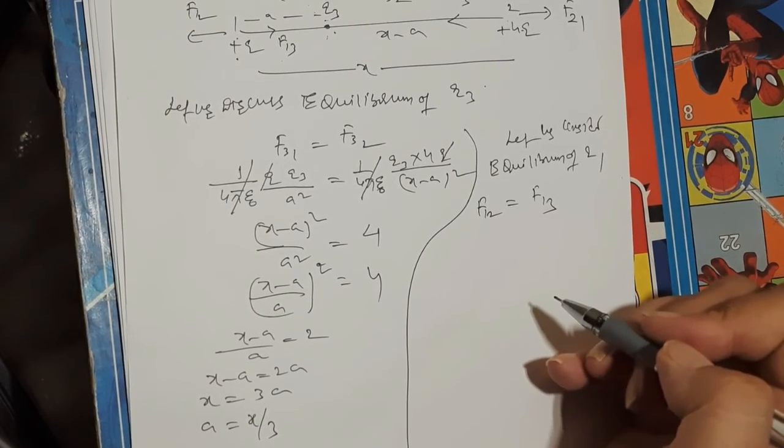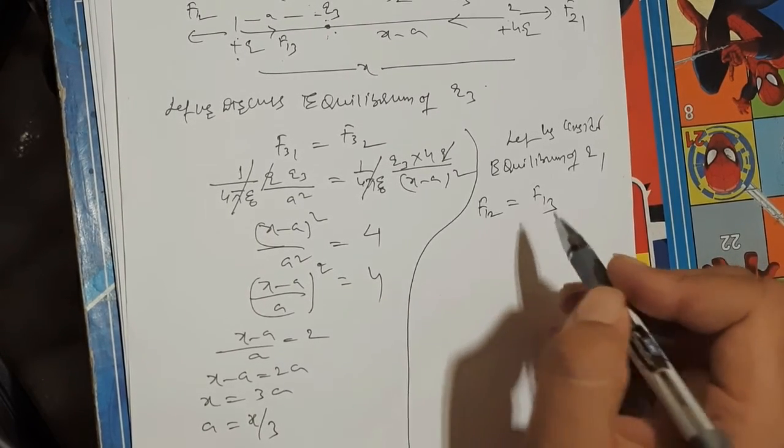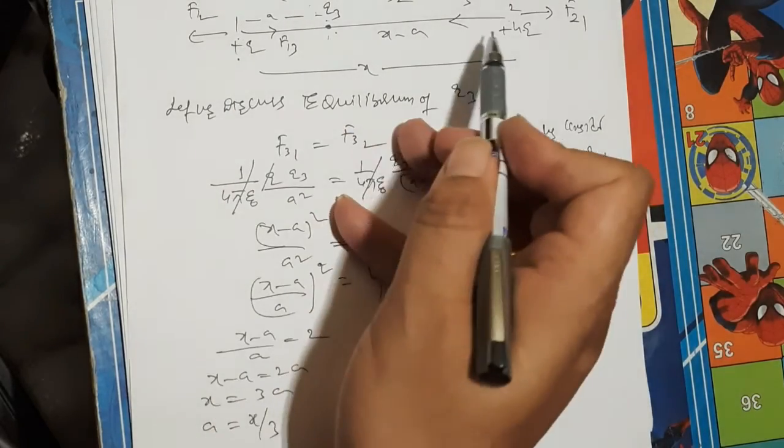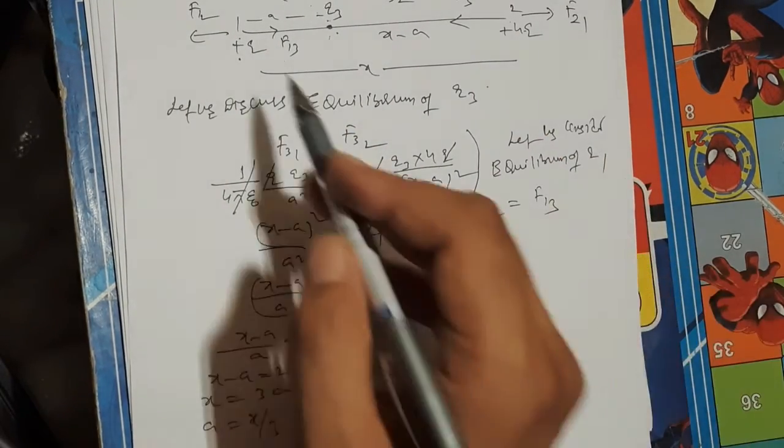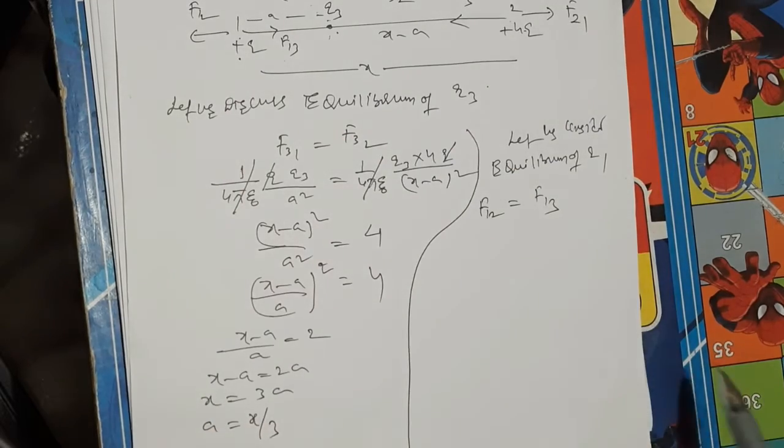F12 is equal to F13. That means the force acting on the first charge due to the second charge is equal to the force acting on the first charge due to the third charge.